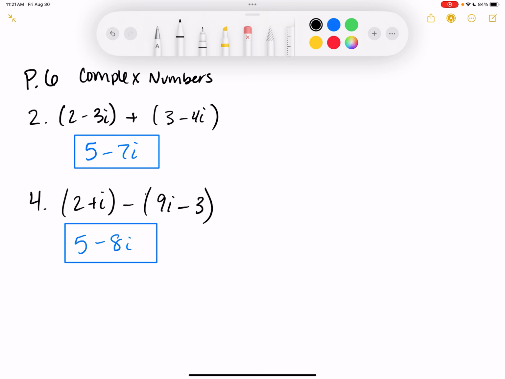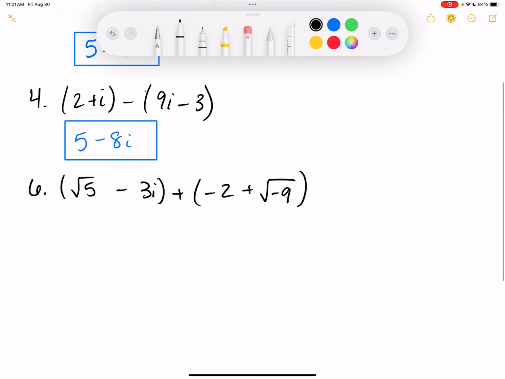But if they give us something like 6 that's got a square root of 5 minus 3i plus negative 2 plus the square root of negative 9. Any ideas what I have to do with one like this?